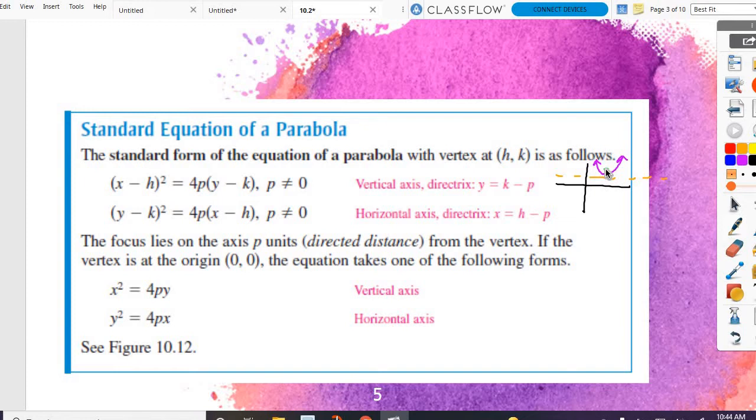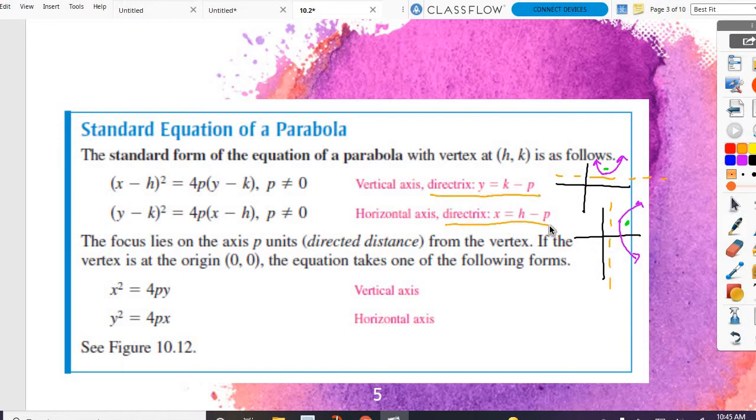And we've dealt with up and down parabolas in the past. Okay, the difference now is because we're looking at things more geometrically and not functions, it does not have to pass our vertical line test. So we can also now have parabolas that open left and right instead.